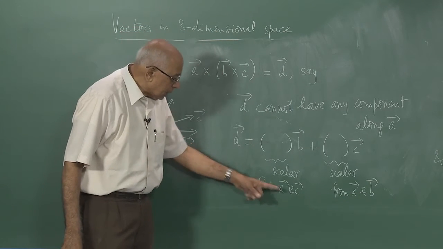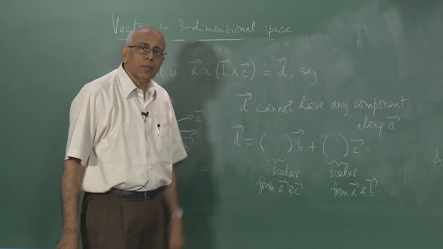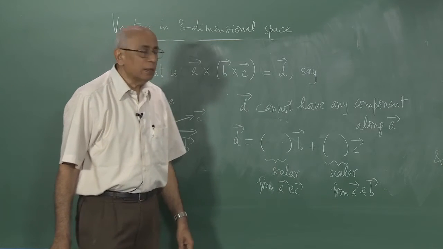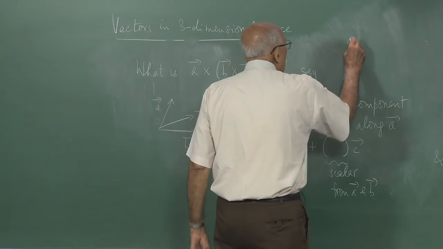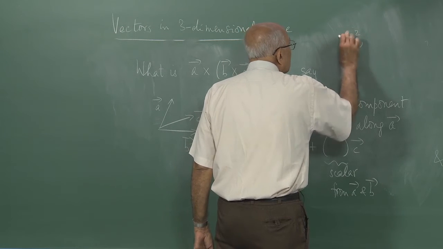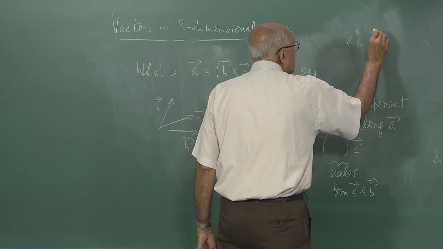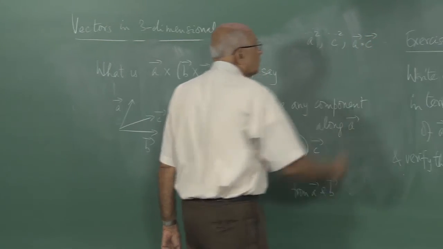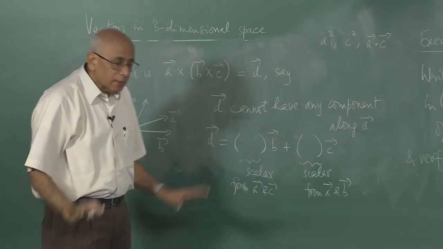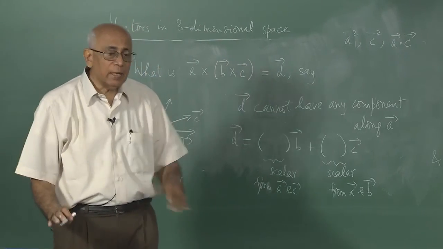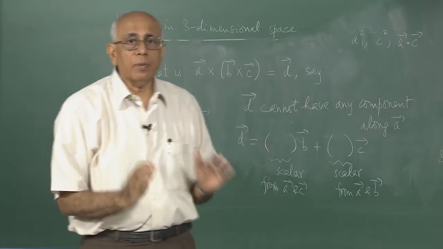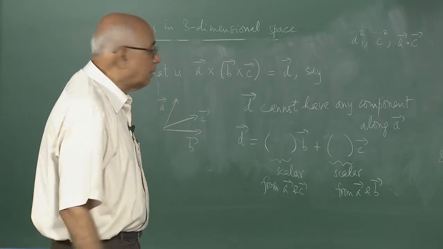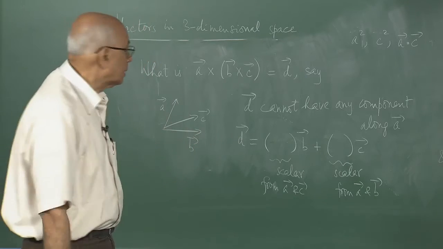Let us look at this first. What are the possible scalars you can form from two vectors A and C? Well, A dot A or A squared is one of them, C dot C or C squared is one of them, and A dot C is one of them. That is it. There are no other independent scalars which can be formed from two vectors A and C. Everything else is a function of these combinations.